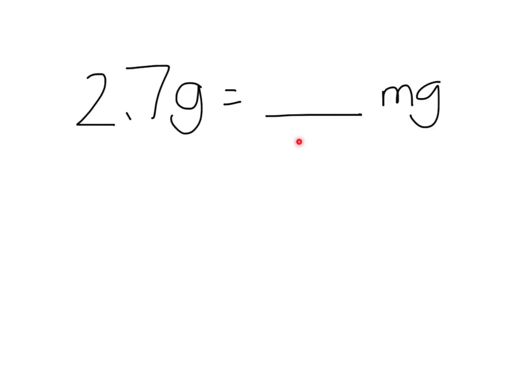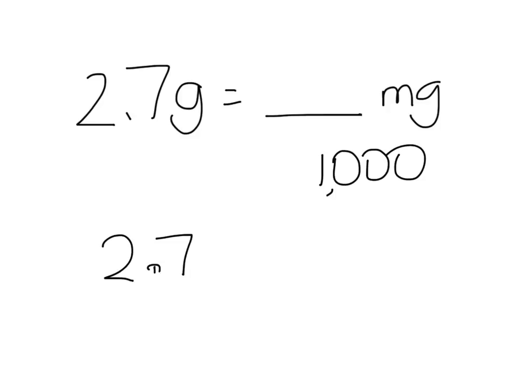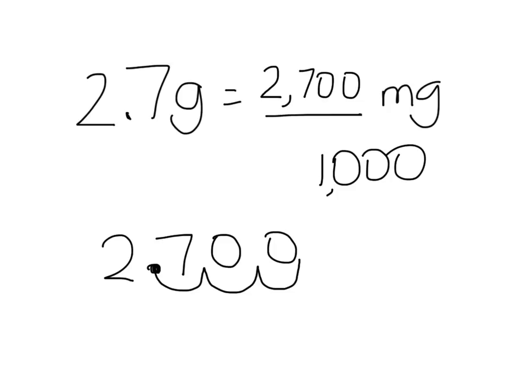Right, I'm going to multiply, and there are 1,000 milligrams in a gram, so I know I'm going to multiply by 1,000. What does that mean for my number? There's my decimal. I'm going to move it 3 places. 1, 2, 3. What's my new number? 2 7/10 of a gram equals 2,700 milligrams.